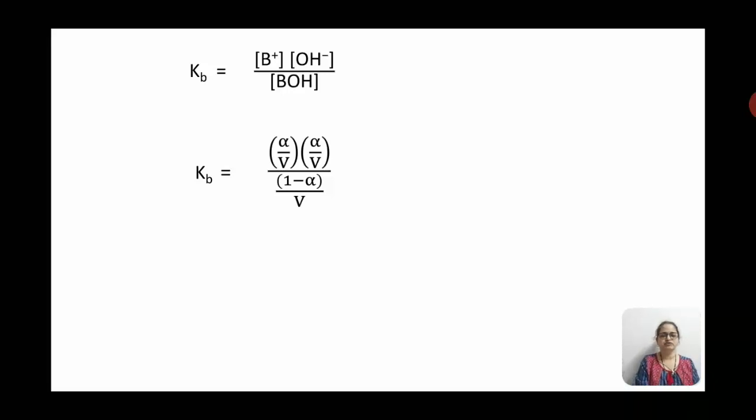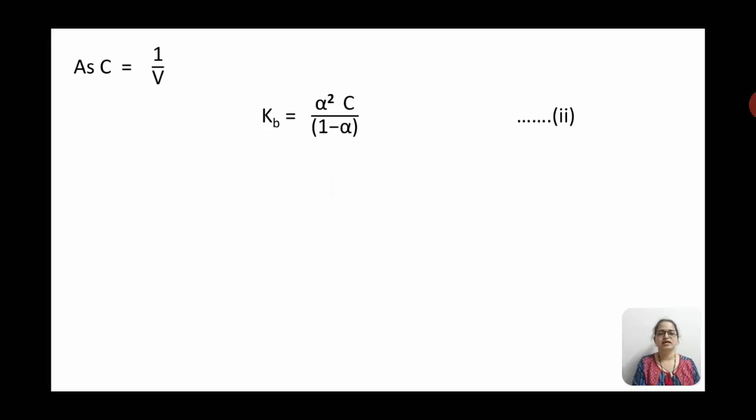Substituting the values, we will get alpha upon V multiplied by alpha upon V divided by 1 minus alpha upon V. If we simplify that, we will get alpha square upon 1 minus alpha into V. As we all know, C is equal to 1 upon V. We can write Kb is equal to alpha square C upon 1 minus alpha.